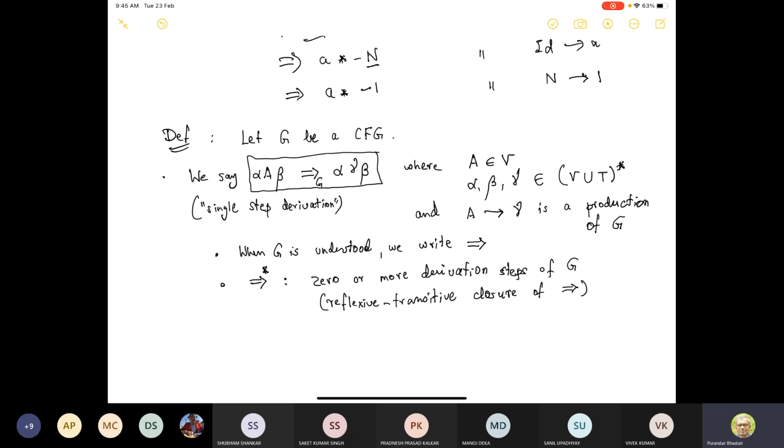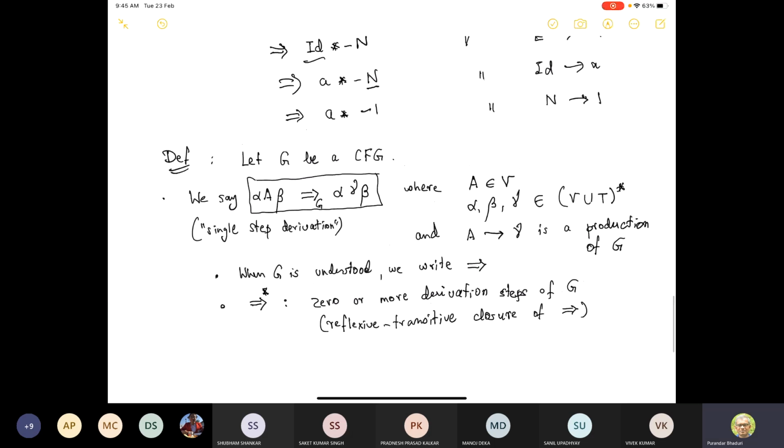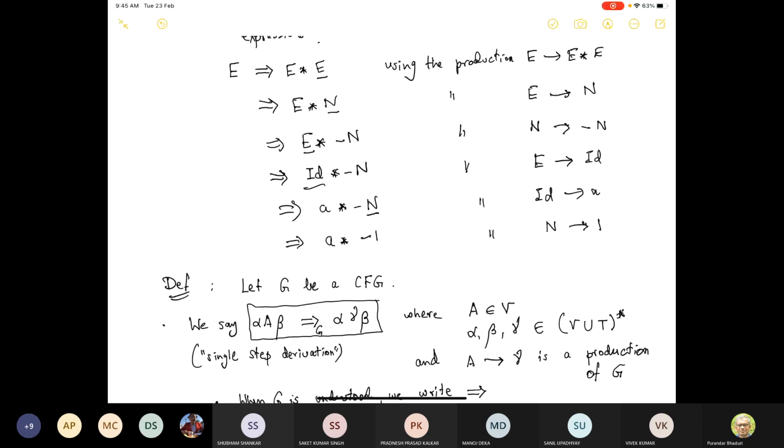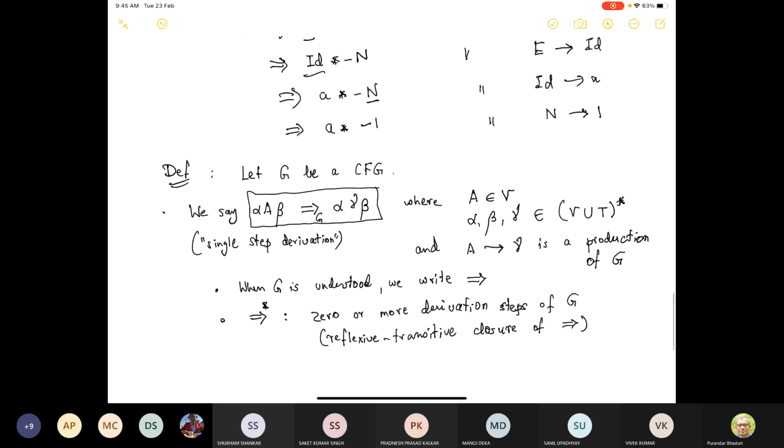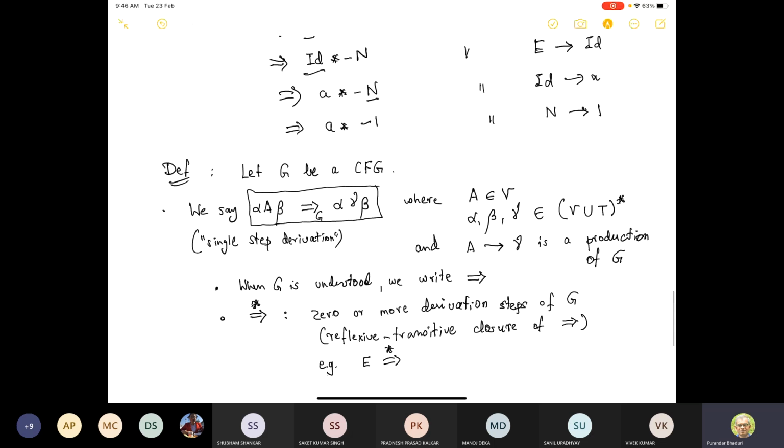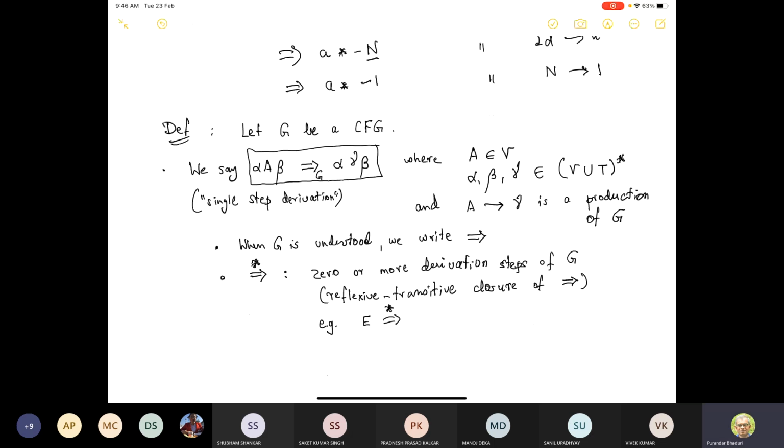Right? So for instance, in this case, we say that from E, you can derive in 0 or more steps, well, the star is actually written above the arrow, we can derive a star minus n, for instance.